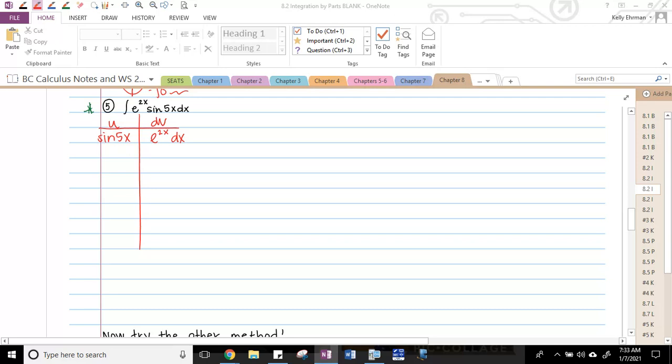All right. So the derivative of sine of 5x with chain rule is 5 cosine of 5x. The derivative of this with chain rule is going to be negative 25 sine of 5x. So as soon as you get a sine of 5x back, you're finished with taking derivatives.